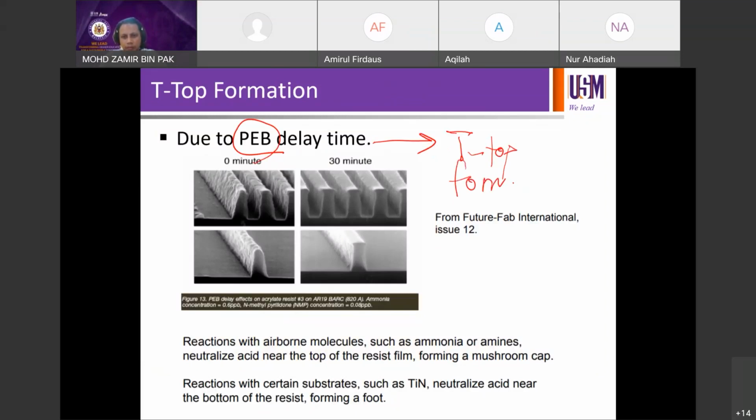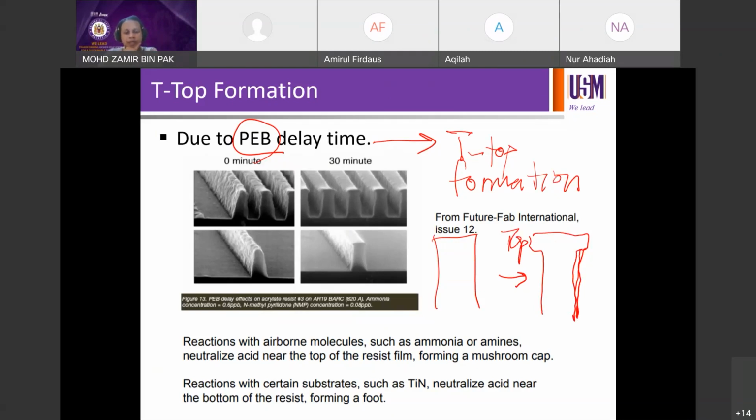What is this T-top? It's supposed to print like that, but you're getting a T-shape. Hammer-like, like a hammer. The head has left and right. So this is called T, the T-shape. T-top happens on the top of the features, and we call that T-top formation.